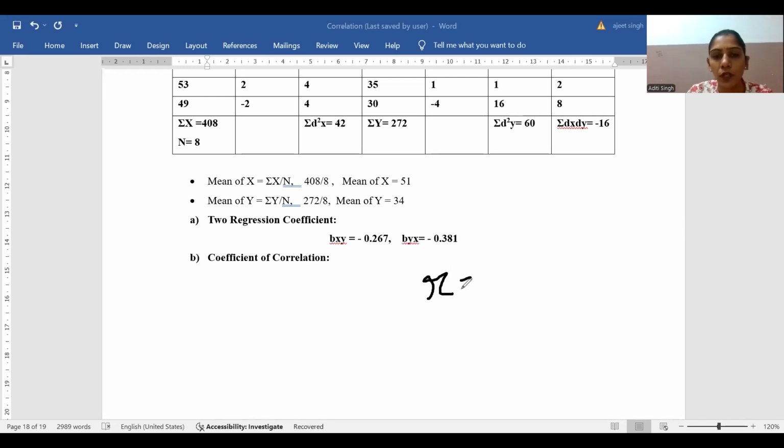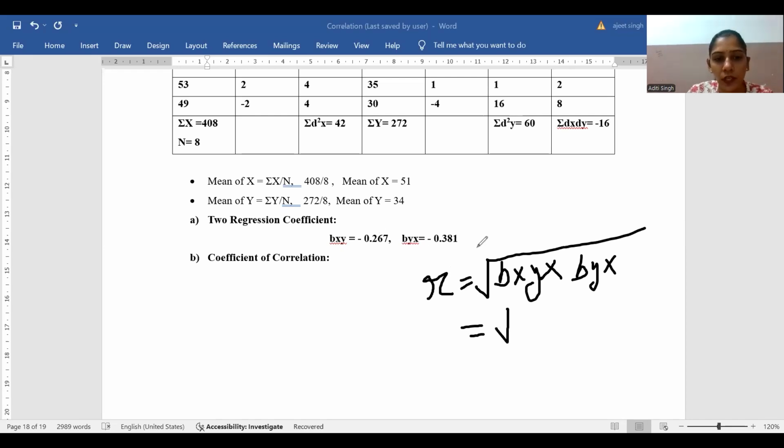Okay. So the formula is under root bxy multiplied by byx. Let's put all the values in this formula.